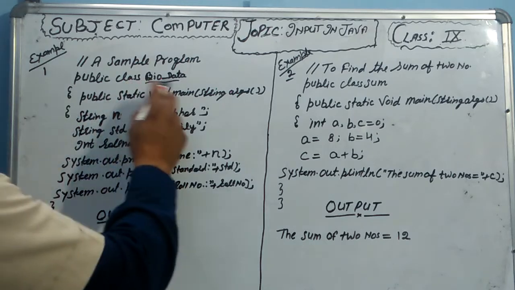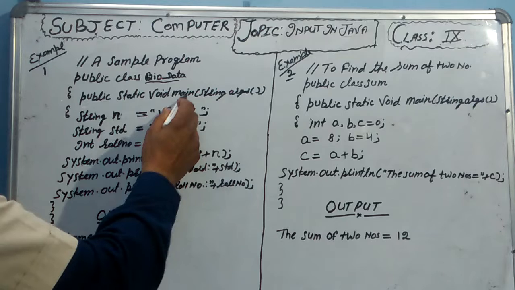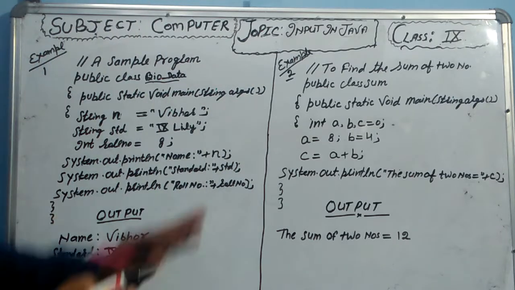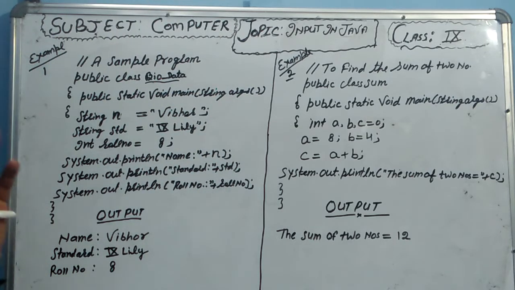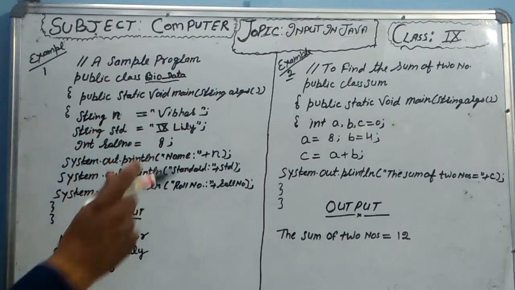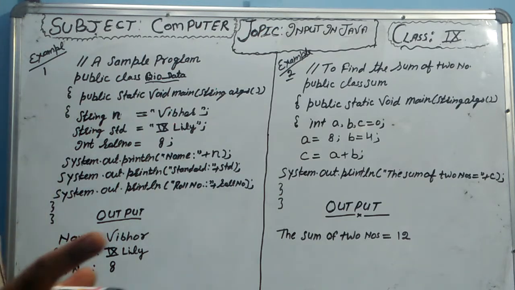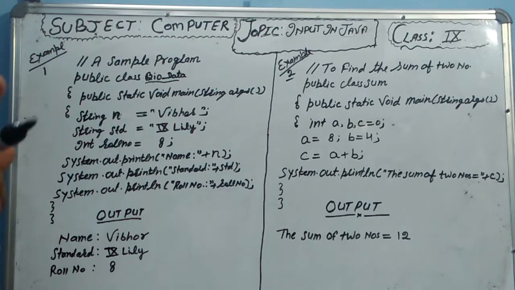So we have used biodata, then open brace, then public static void main String argument function. In all the programs you will write these lines. Now open brace, then String, because in the third chapter, data types, you always have to see which type of data we will use.